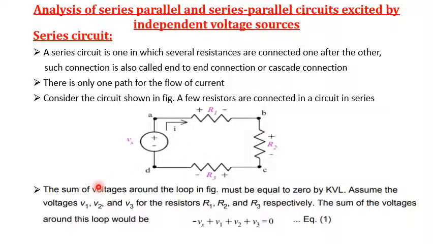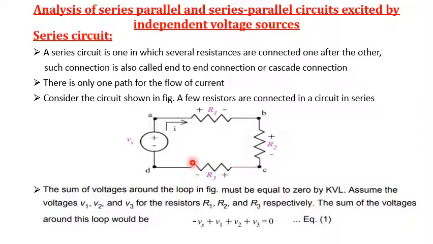Here the sum of the voltages around the loop in the figure must be equal to 0 by KVL. So apply KVL for this circuit. I have shown the current direction here, because the potentials are shown here. Current always flows from higher potential to lower potential.